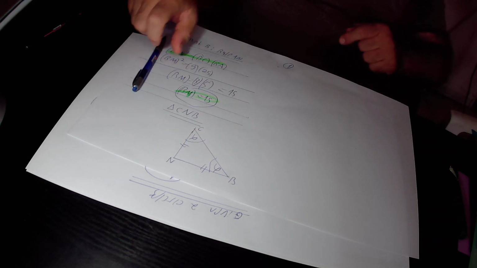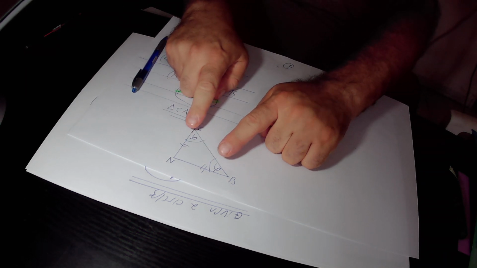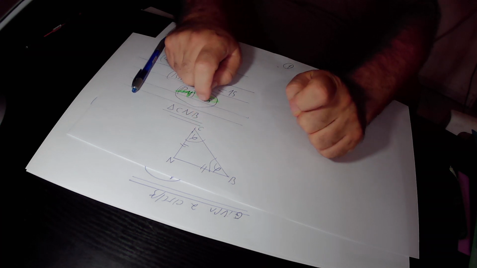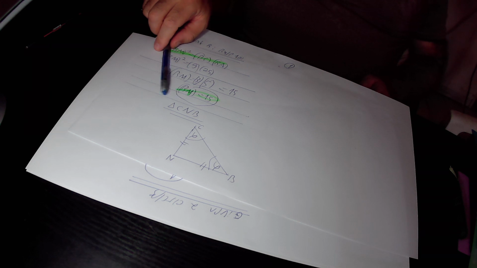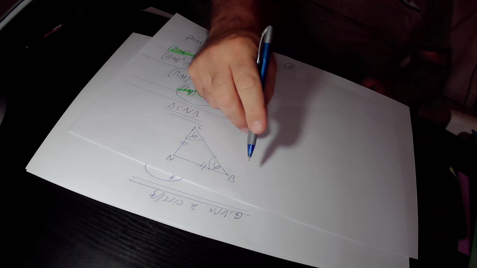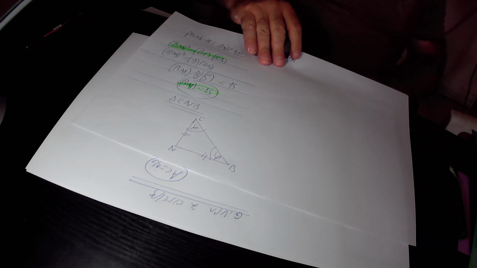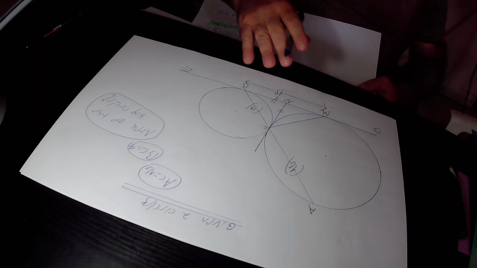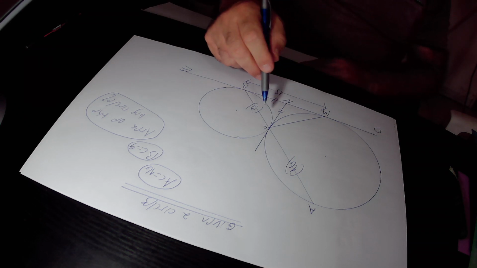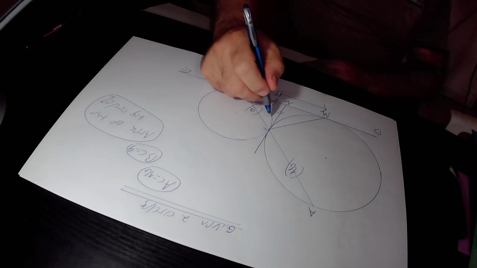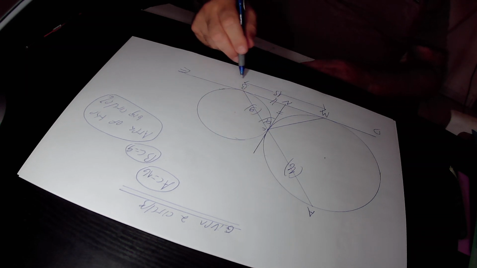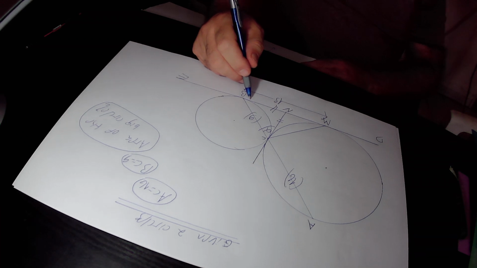So we found out that angle NCB equals alpha and angle NBC also equals alpha.